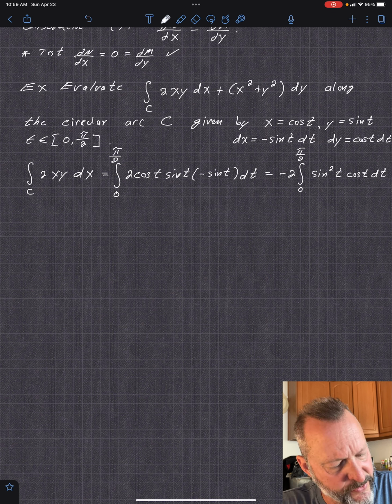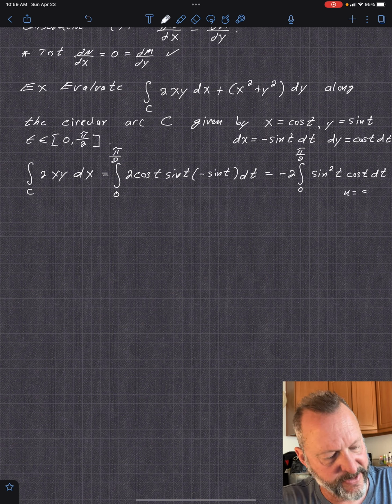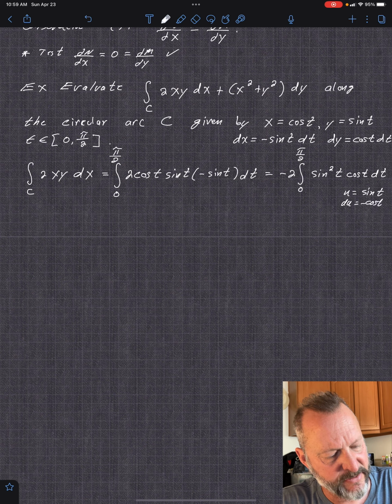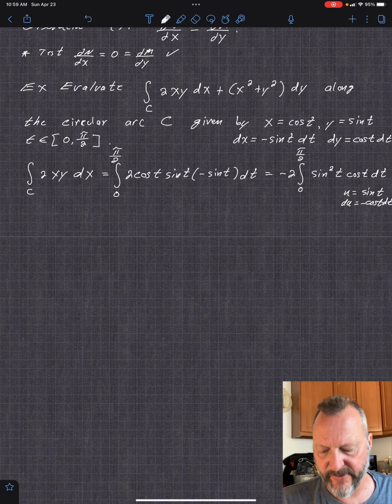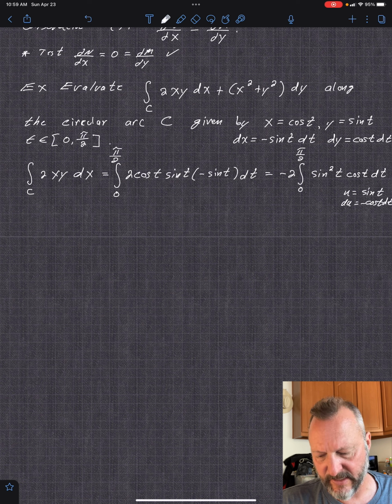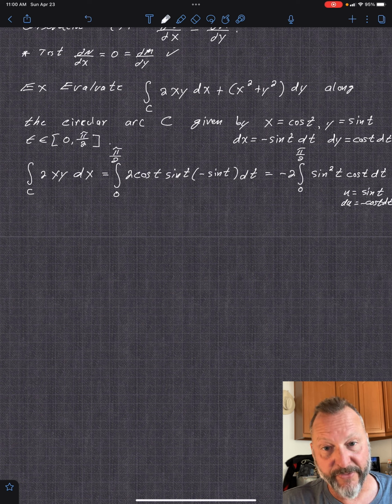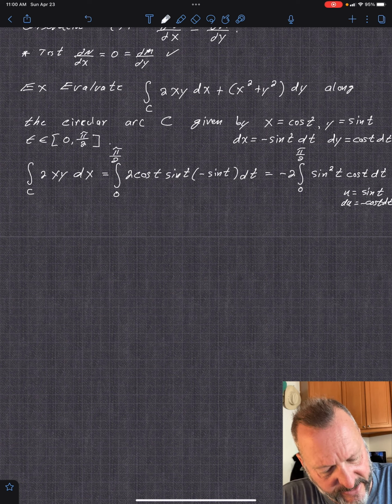If you pick u to be sine t, then du is cosine t dt. And so you're just integrating and you end up getting the 1/3 and substitute. So I'm speeding this up a little bit.